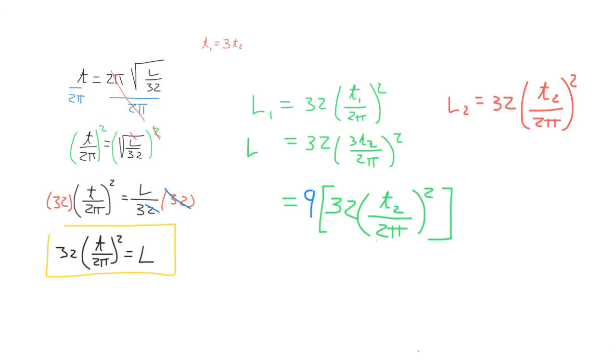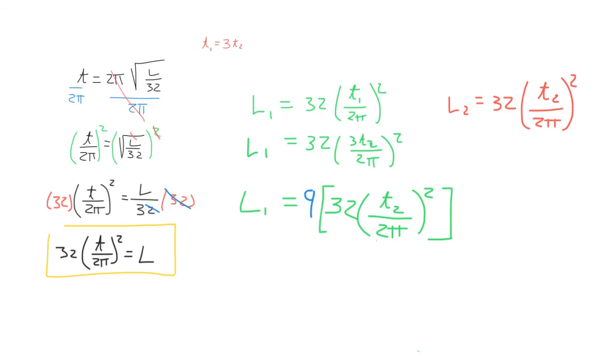Because think about it. This is all L1. What we've just realized is that the length of pendulum 1 is 9 times whatever this is. Well, what is this? This green bracket is literally L2.